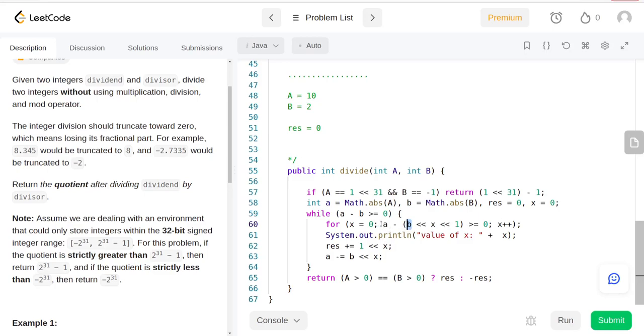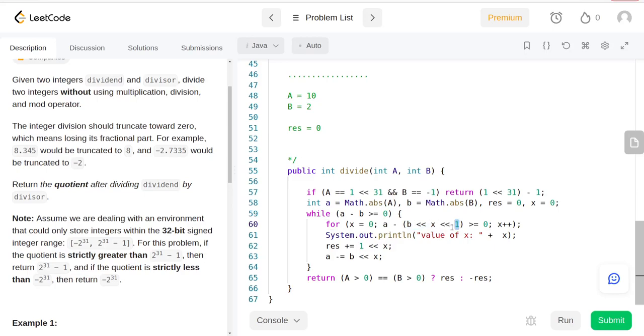We're not changing the values of a or b here. All this line is doing is taking b, in this example 2, and left shifting it x times, which starts with 0. So we're not doing anything here, b is just 2, and then left shift one time, right?